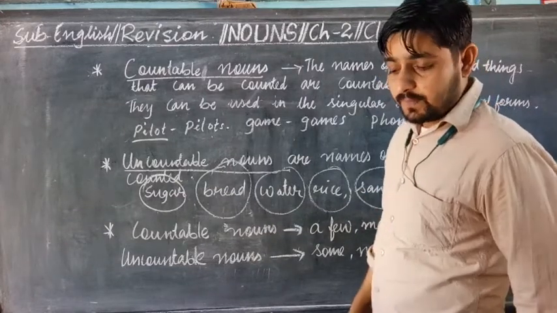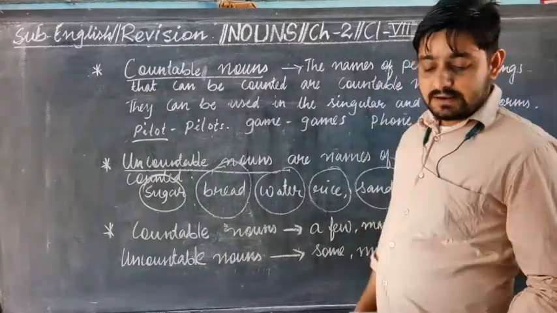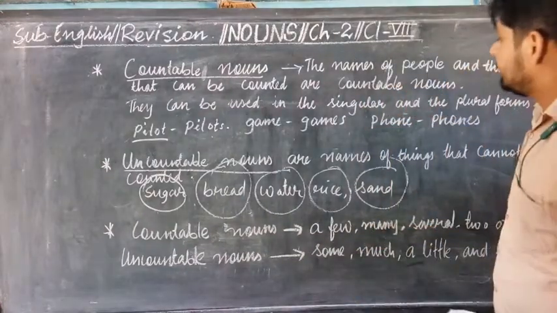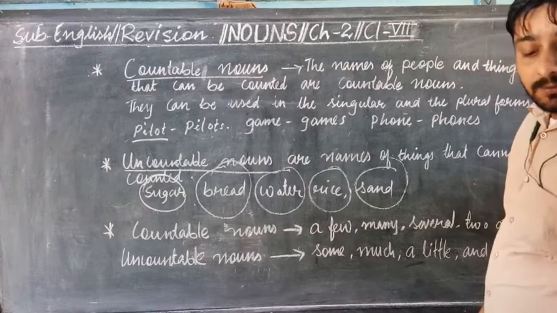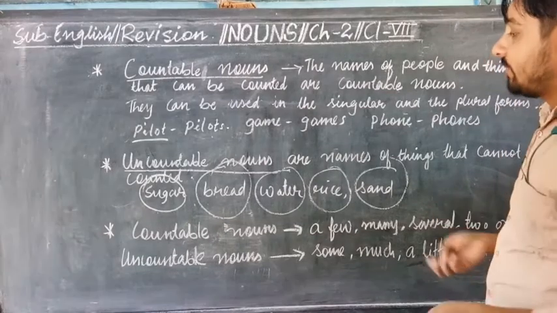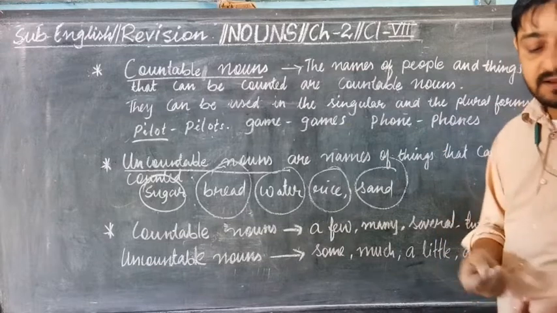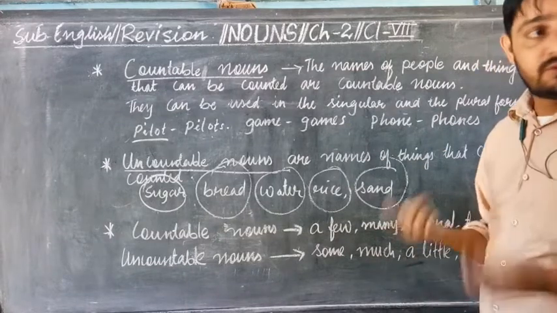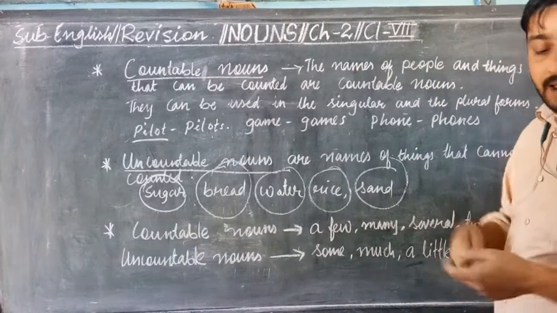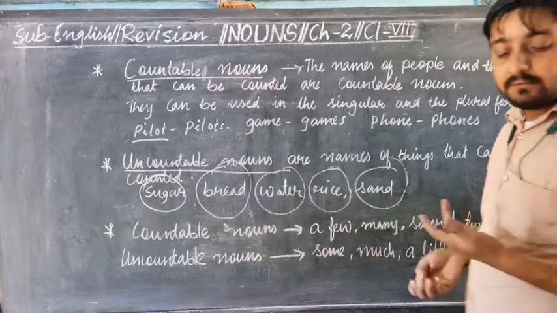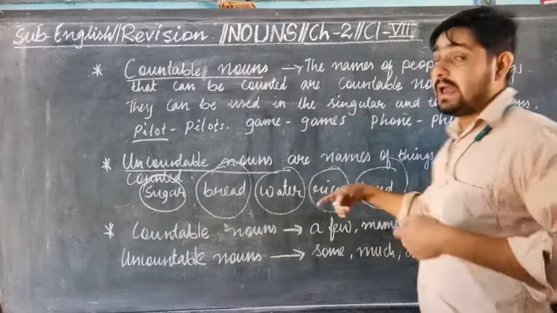But what happens? These uncountable nouns we can count if we put some words before them: one spoon of sugar, a bottle of water, and we can count like three bags of rice.